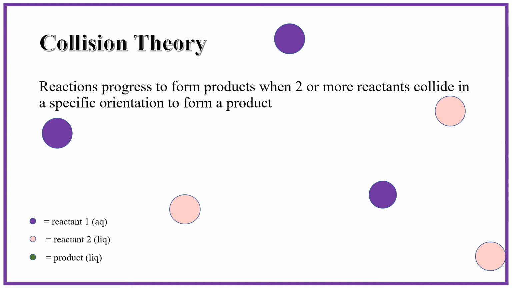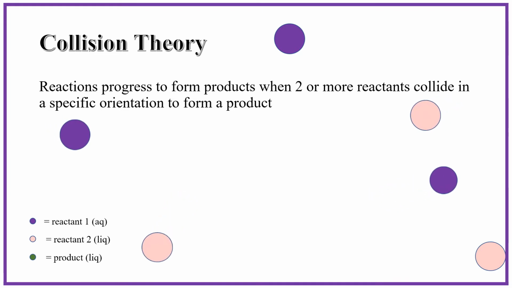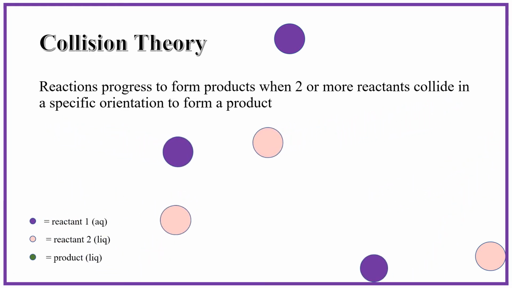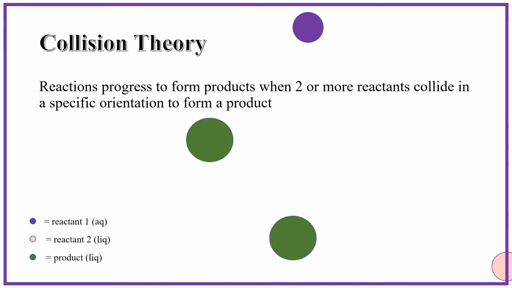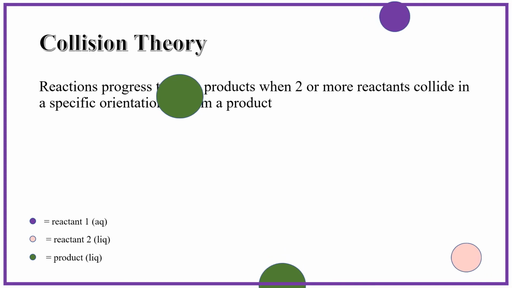Before I further discuss how concentration, surface area, and temperature affect reaction kinetics, it's important to understand collision theory. Collision theory boils down to the concept that reactions progress when electrons are transferred from one molecule to another. In order for electrons to be transferred, two reactants must effectively collide, or at least be in very close proximity to each other for the formation of the product.